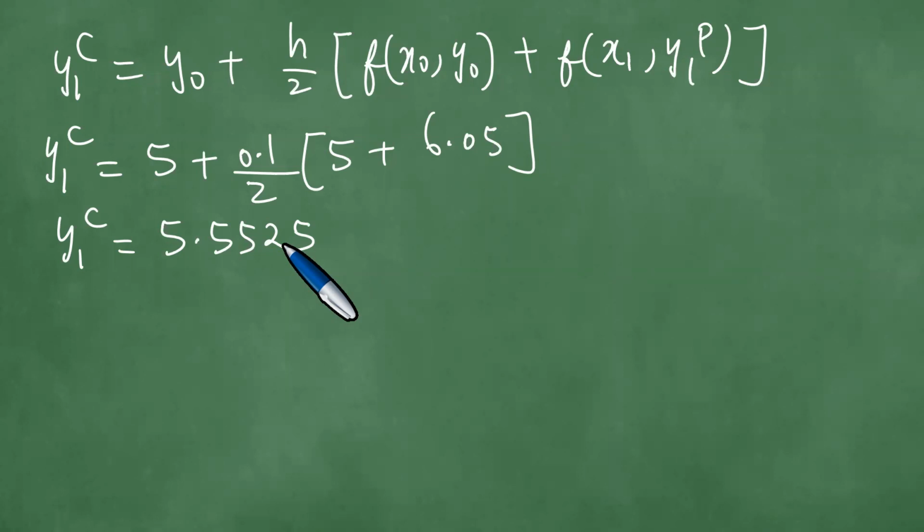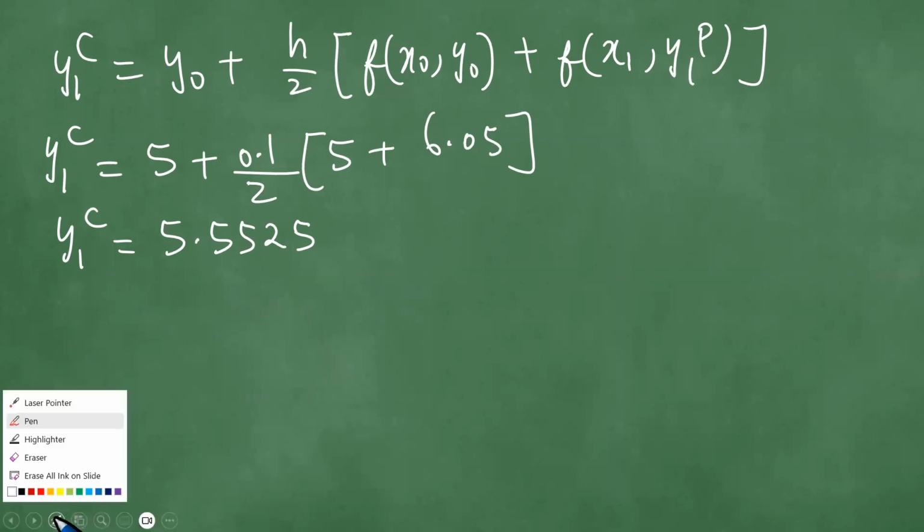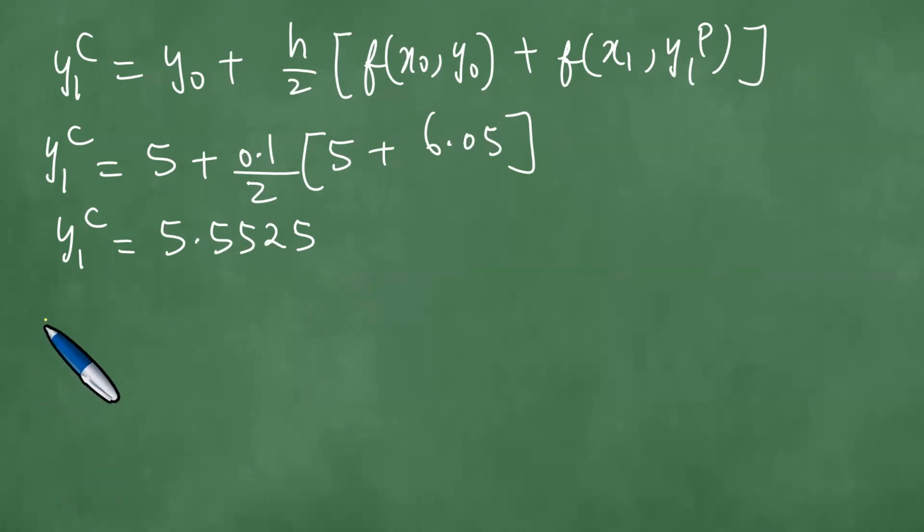As I said, I'm just cross-checking if that is the correct answer. As far as h is 0.1, you divide it by 2, and then you have 5 plus 6.05, and you close. It's exactly that. So we've got the corrector. And then we are done for the first part.